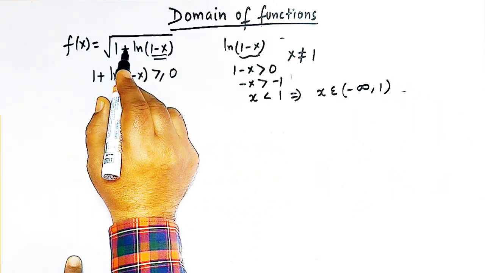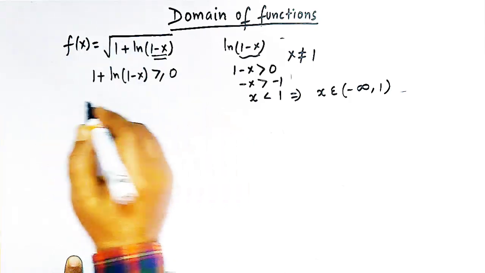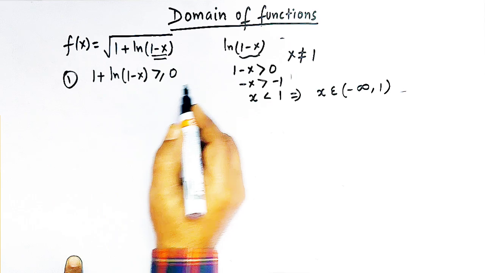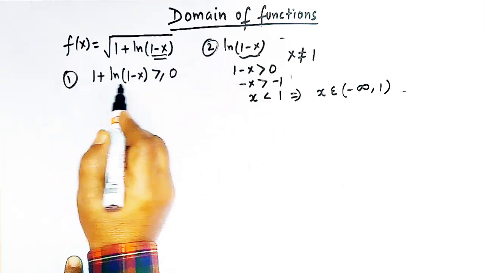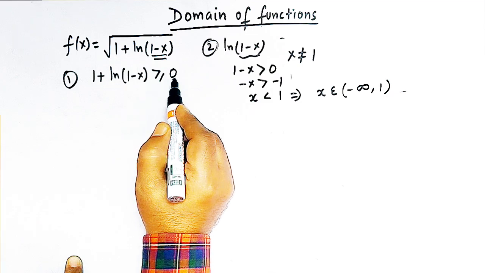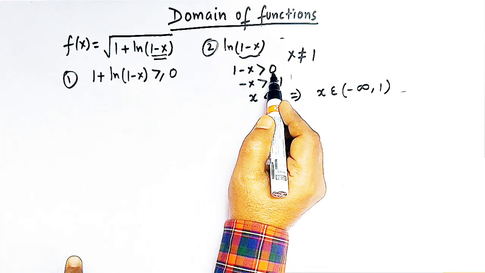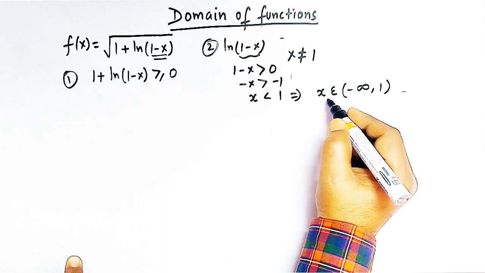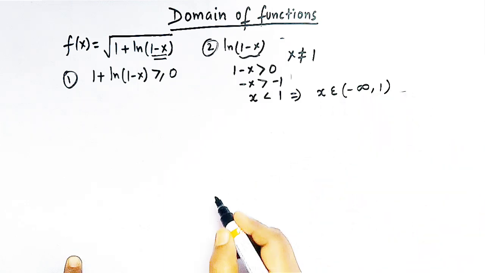So to get the domain of this function f of x, we have to take care of these two conditions: 1 plus natural log of 1 minus x should be greater than or equal to 0, and 1 minus x should be greater than 0. Here x belongs to the interval minus infinity to 1.